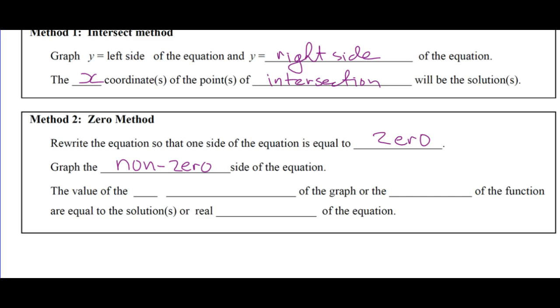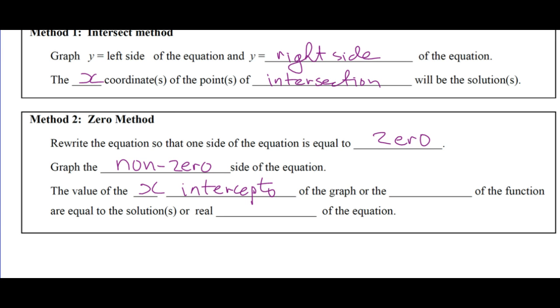And then what are we looking for now? X-intercepts. Yeah. So we're looking for the X-intercepts. So the nice thing about the zero method is, you know you're looking along that x-axis, right? You don't have to worry about, oh, there's some intersection off my screen and I've got to readjust everything.